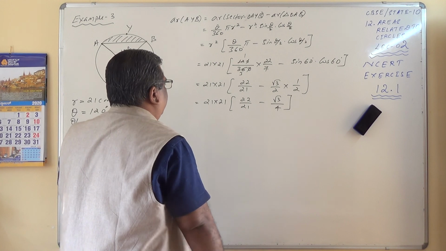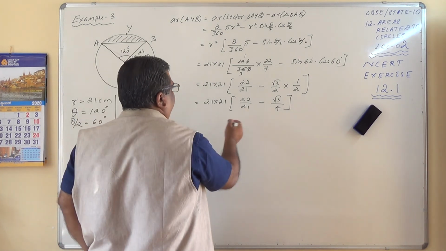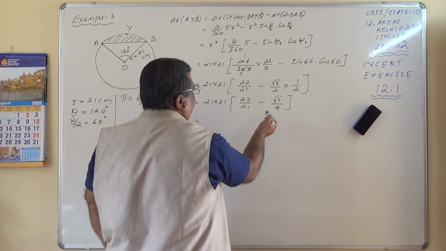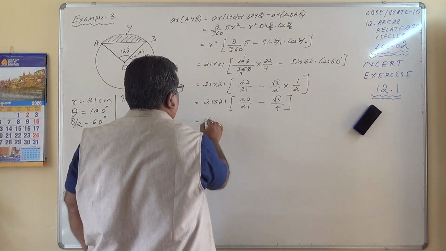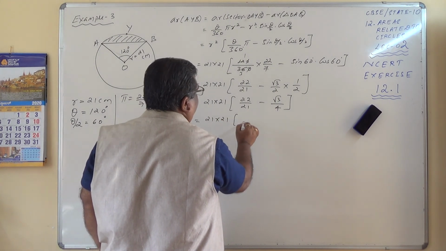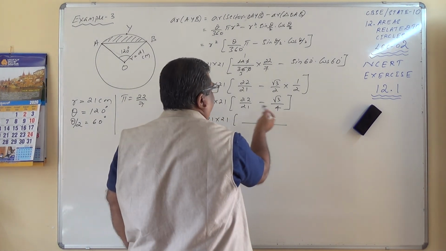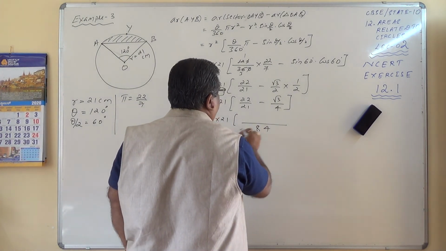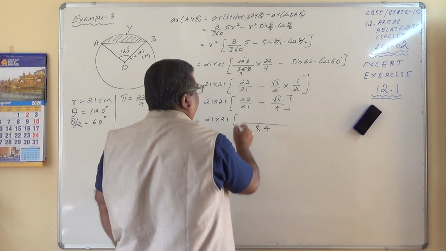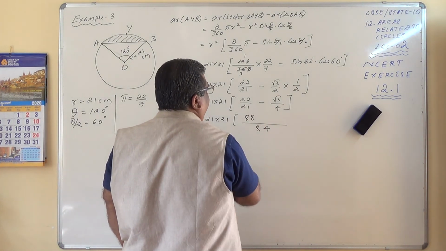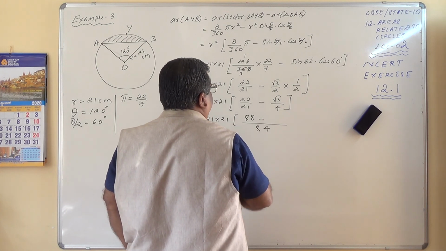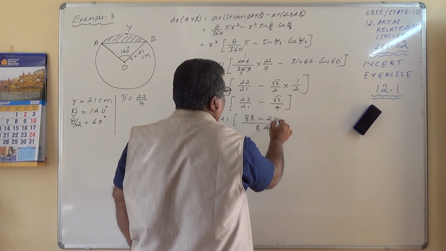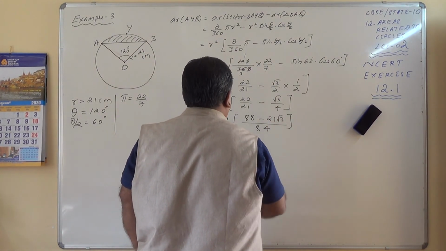So now what can we take common here? Anything is possible. I can take the LCM. So 21 into 21 into bracket, here 21 into 4 is the LCM. So 4 times 22 is 88, minus, here the 4s cancel, 21 root 3.